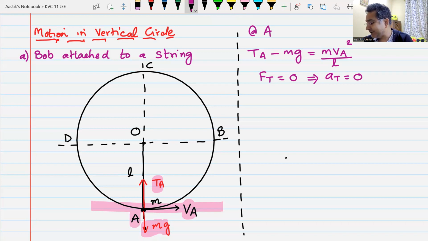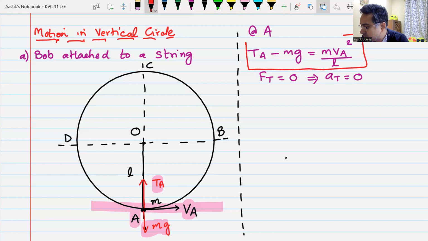This is my equation at point A. The only equation which is of any use at point A is this: TA, tension at point A, minus mg is equal to mv square by L. I hope we understand how we have made this particular equation.